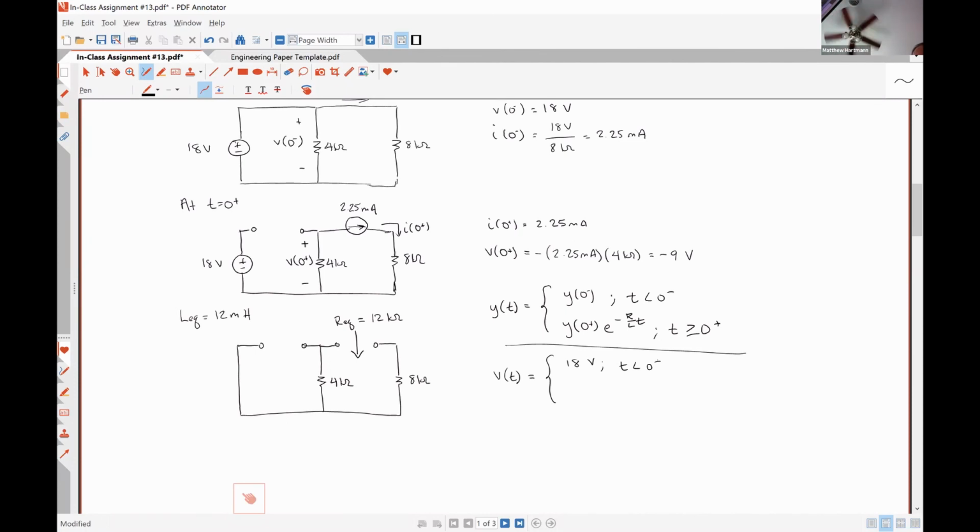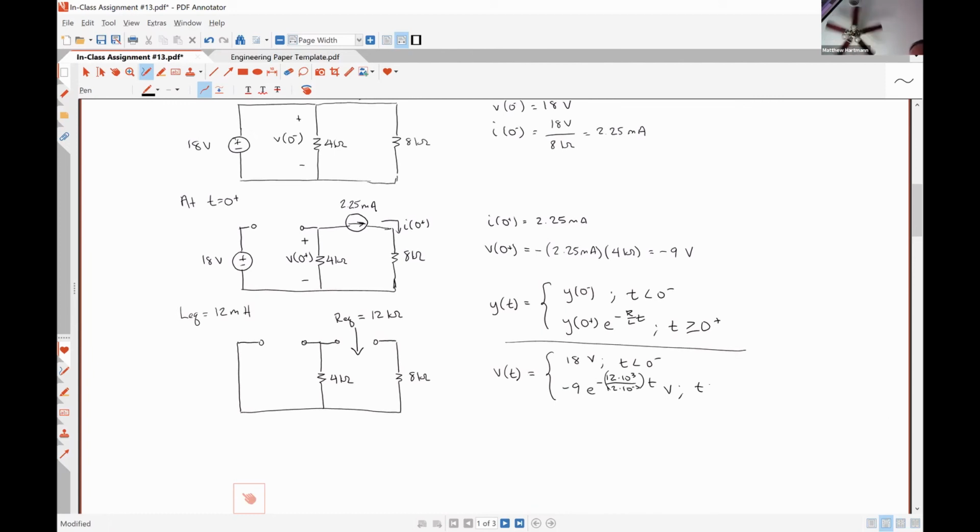And for t greater than or equal to 0 plus, it will be negative 9 volts. So negative 9 e to the minus, so let's see, 12 kilo ohms divided by 12 times 10 to the minus 3 t volts for t greater than or equal to 0 plus. 12 kilo ohms divided by 12 millihenries is just going to be 10 to the 6.